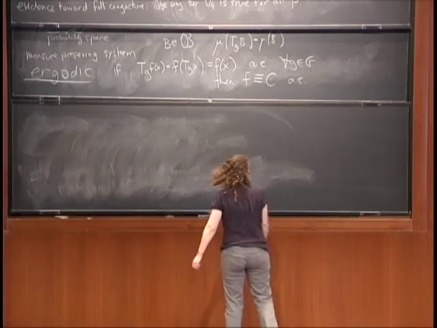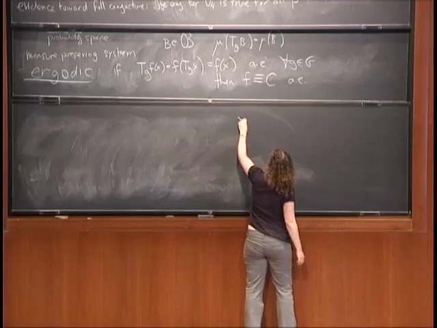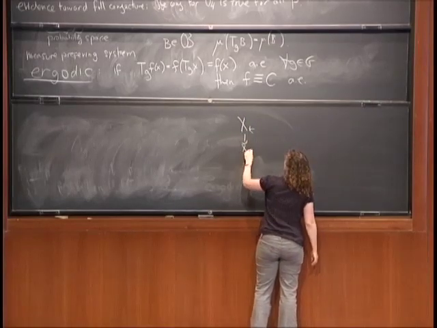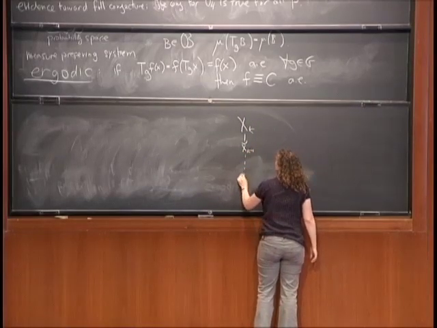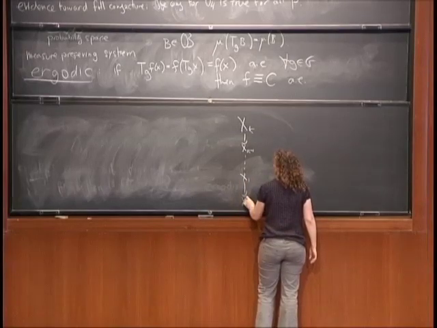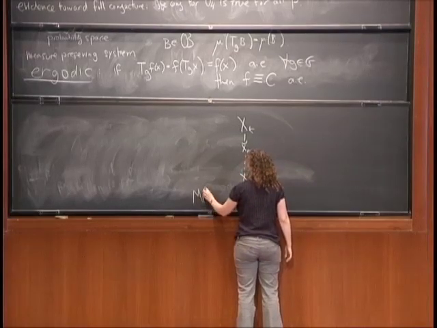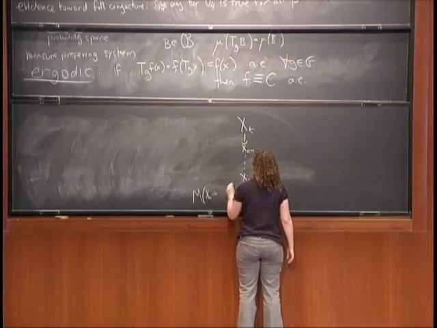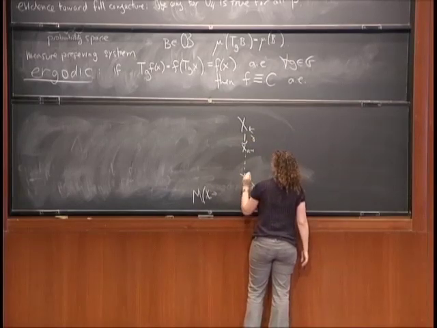So I said that there are these maps x_{k-1}, ..., x_1, x_0, and these give rise to these maps. These are boundaries.